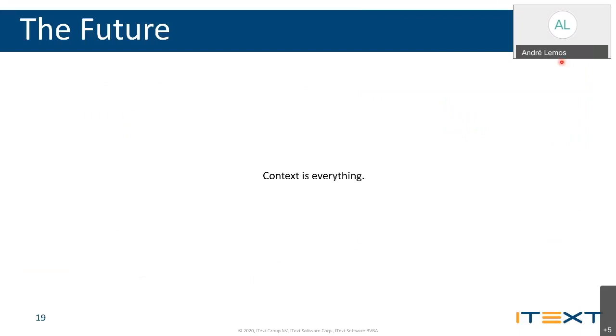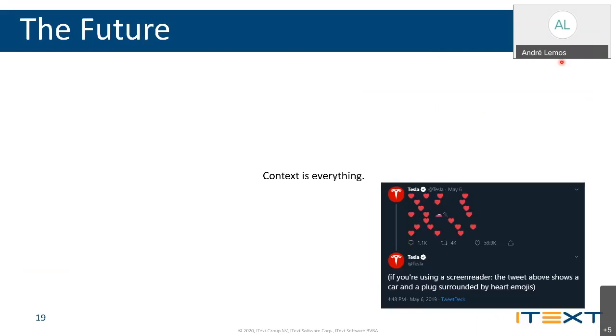As I was searching for examples for this presentation, other than the initial NDC HTML source code, I stumbled upon this tweet from Tesla, and I think it really fits what we're just discussing.